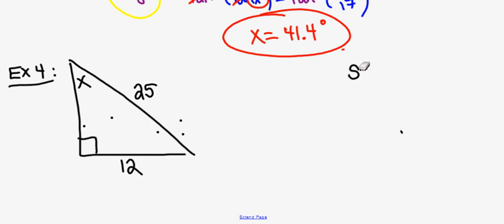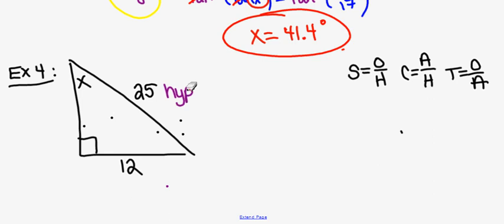So I've got my Some Old Horse Caught Another Horse Taking Oats Away, or my SOH-CAH-TOA. When I look at this problem, looks like my hypotenuse is 25. Looks like my opposite is 12.